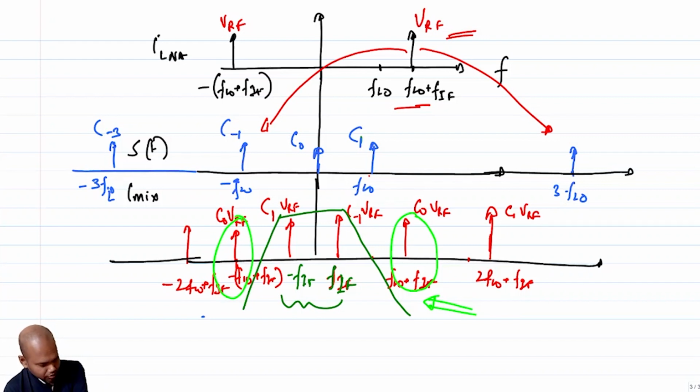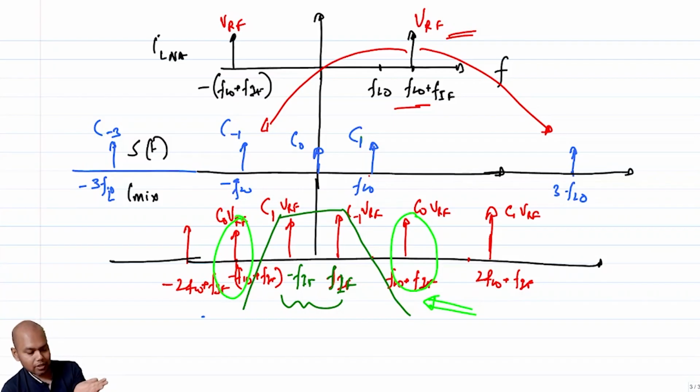An alternative solution can be to come up with an architecture which completely gets rid of this tone. In order to do that, we basically need to manufacture a way of ensuring that C naught is equal to 0. If we can ensure C naught becomes 0, then that tone doesn't really exist.